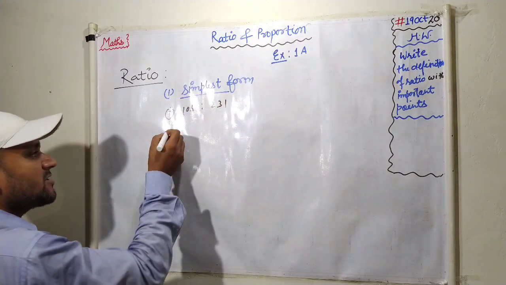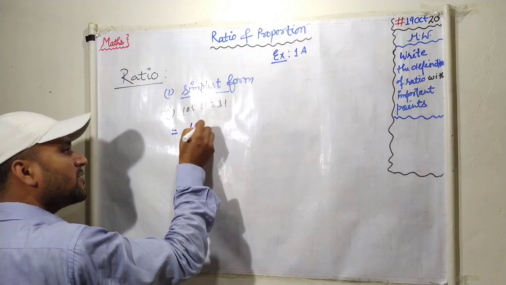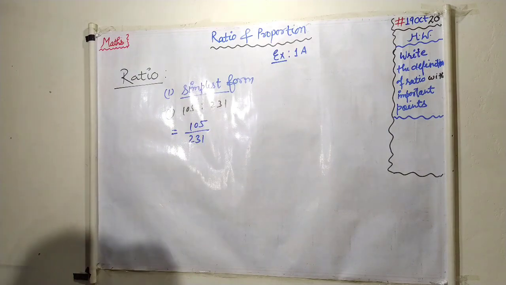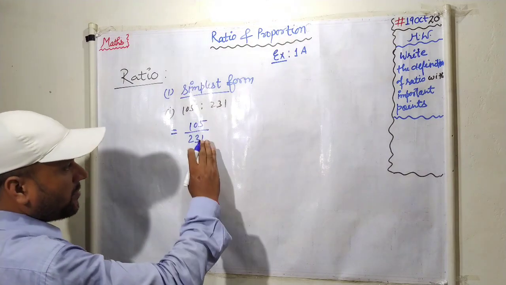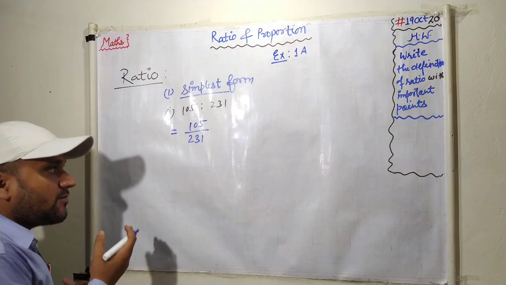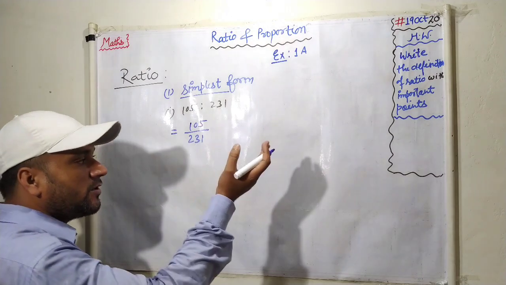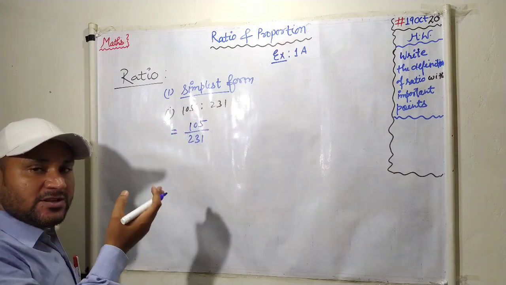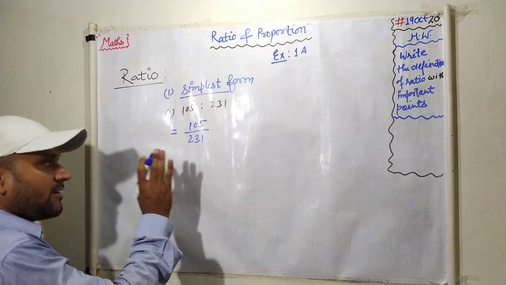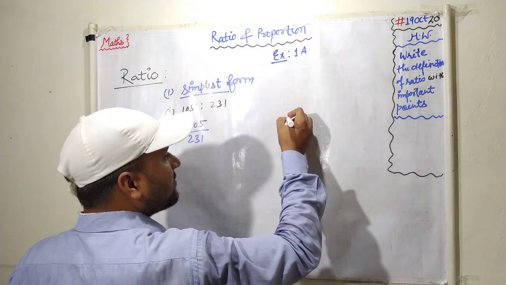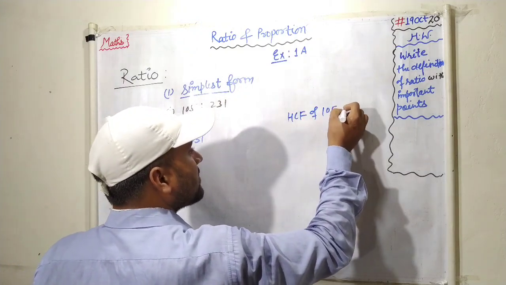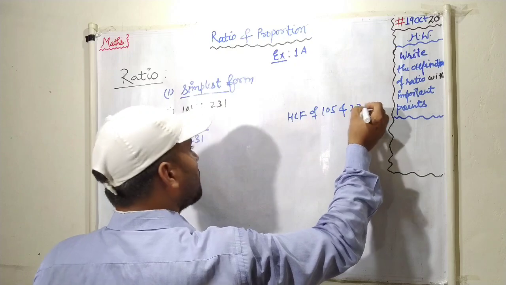Very easy. First you change it into a fractional form: the first quantity divided by the second quantity. If you know by which number you can cancel easily, then you cancel it. Otherwise you find the HCF of these, and by that HCF you divide both quantities. So I will show you with this HCF of 105 and 231.